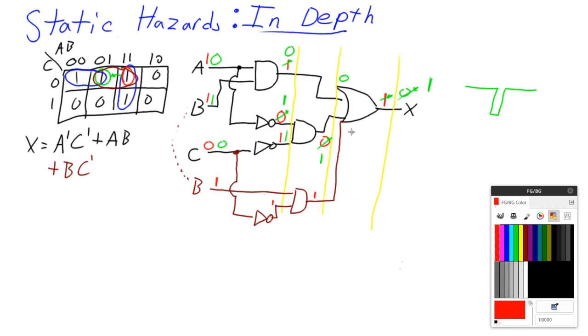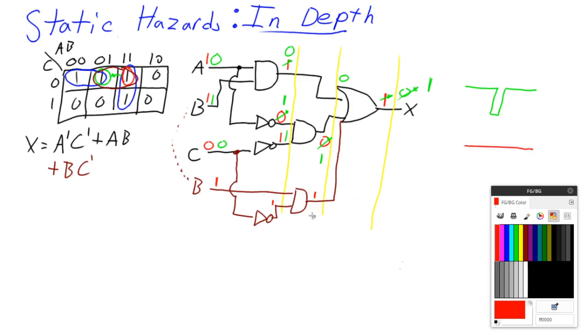And so what that really means is we've got 2 1s coming to this OR gate, which is still a 1. And as we change from this state to this state, it doesn't matter any of this timing mumbo jumbo that's happening. We're still going to be in this implicant, so this is still going to be outputting a 1, and that's going to make it so our output stays as a constant 1.